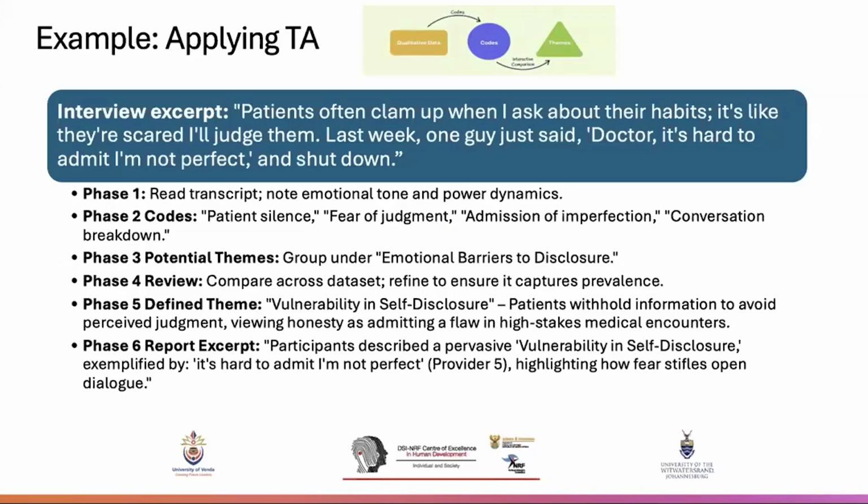And using the same excerpt from our previous example in grounded theory, you would now start with your first phase, where you read your transcripts, and you note the emotional tone and power dynamics from the excerpt that you have read.